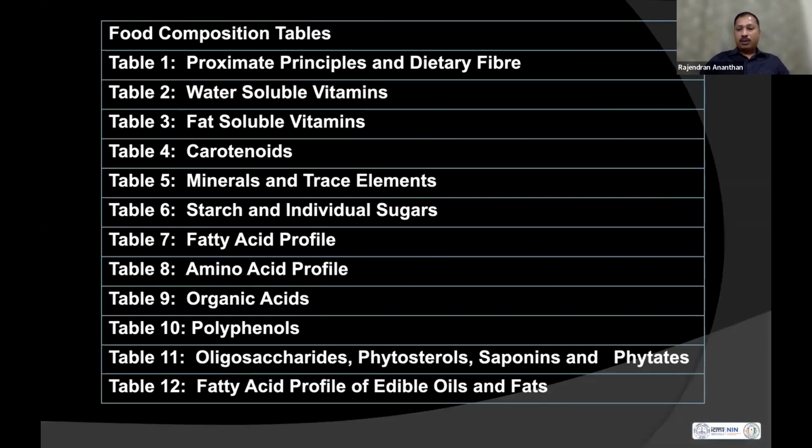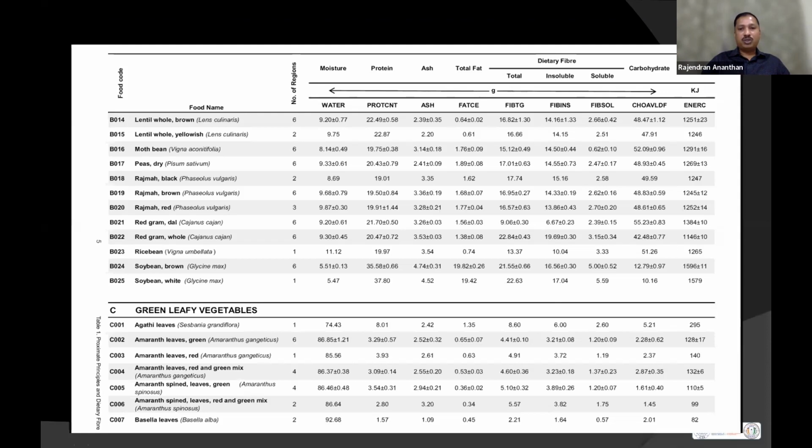Similarly, we have analyzed all the individual 6 regions for the proximates, water soluble and fat soluble vitamins, and carotenoids. I have given the table numbers and the respective nutrient profiles. I think you might have understood this from our Indian Food Composition Tables. This is a model page I have given for your understanding, in case you are not familiarized with it.